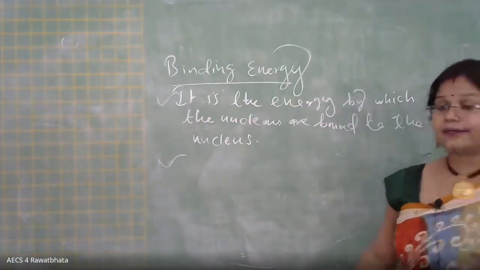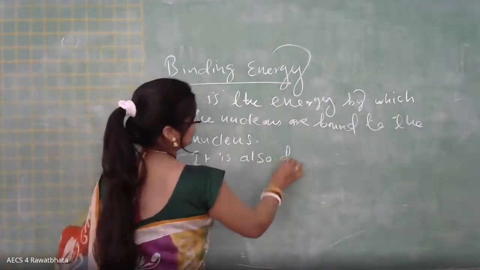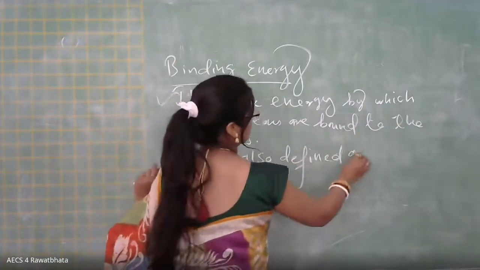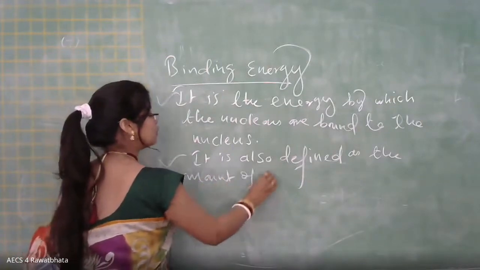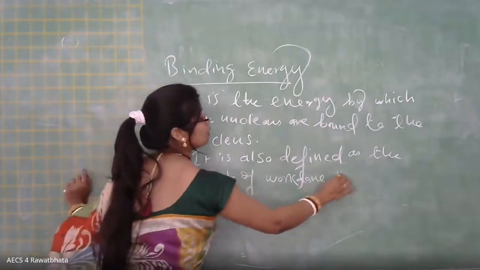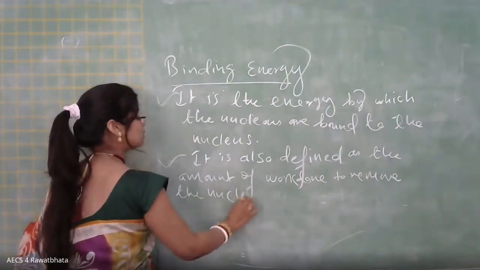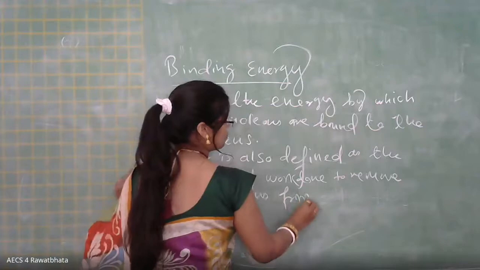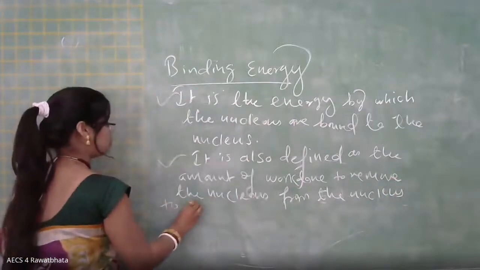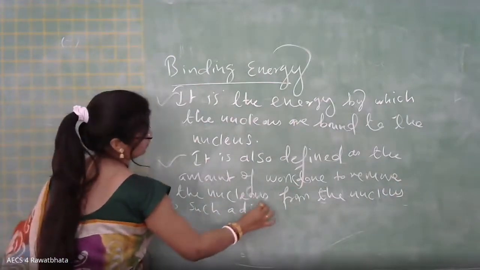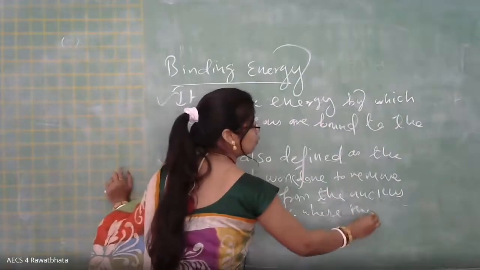So write down the next part here. It is also defined as the amount of work done to remove the nucleons from the nucleus to such a distance where they won't interact.